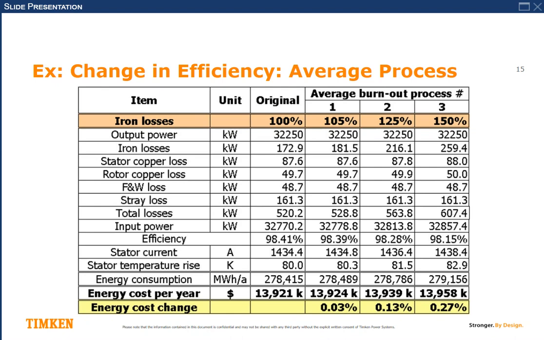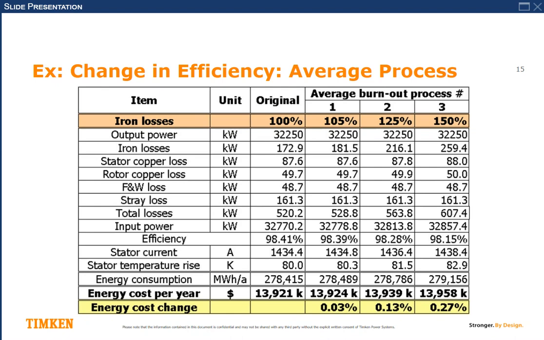Amazingly enough, because the iron losses are only a small component of the losses of the machine, you will see that the efficiency only decreased from 98.41 to 98.15, and the temperature rise only increased by 2.9 Kelvin, which is surprising indeed, considering that the losses increased by 50%.